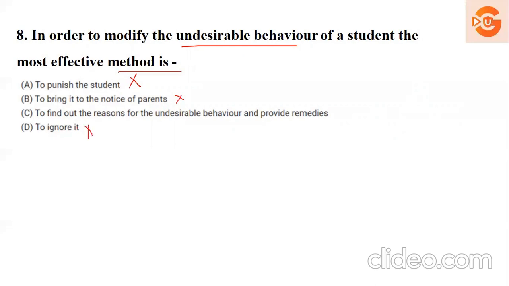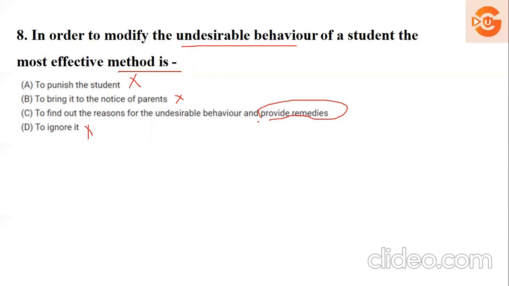So what you can do is find out the reason for the undesirable behavior and provide the remedies. As a teacher, your observation tools, like right now we have just studied the interaction system. The moment you start observing the child, you understand the undesirable behavior has a reason.